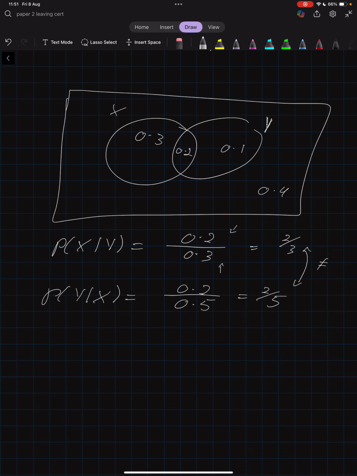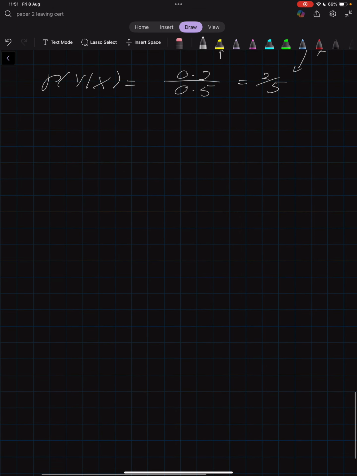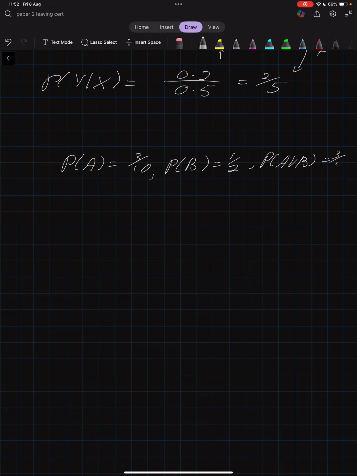Okay, so it says, A and B are 2 events that the probability of A is 3 over 10, the probability of B is a half, and the probability of A union B is 3 over 5. Okay?